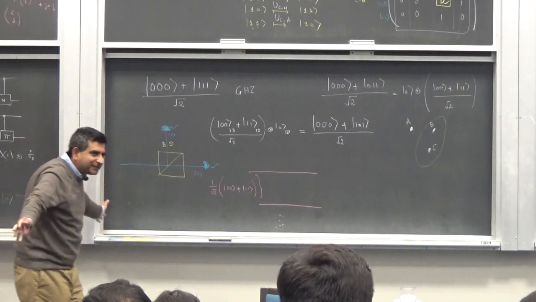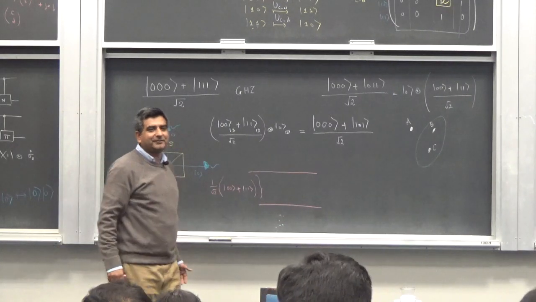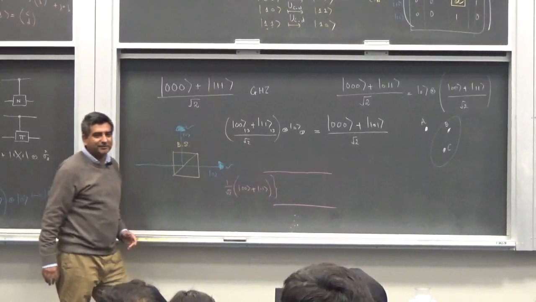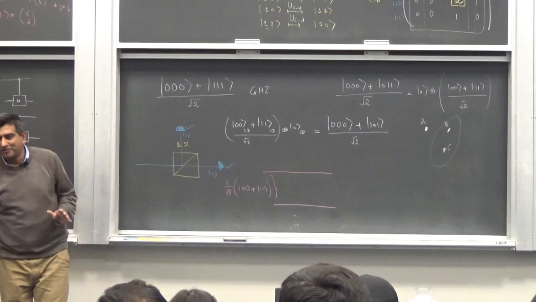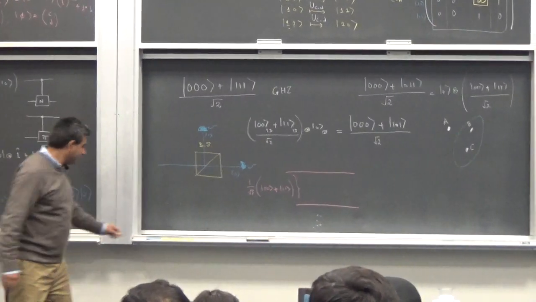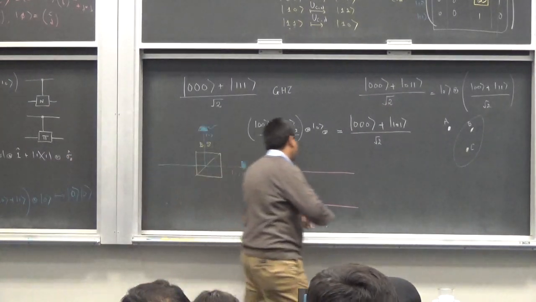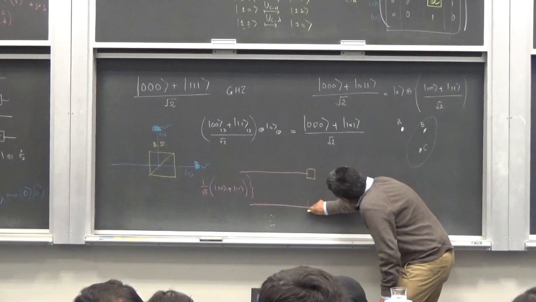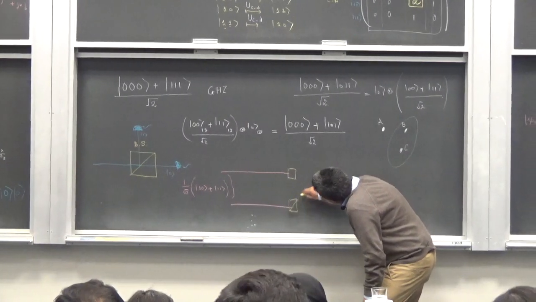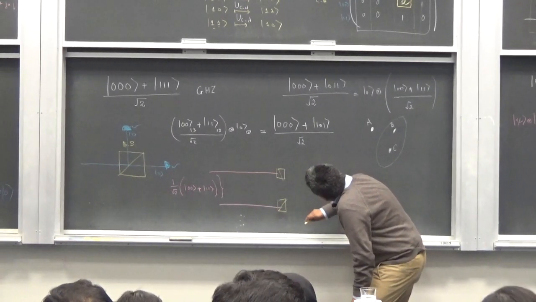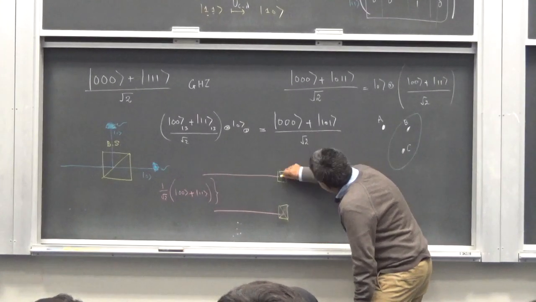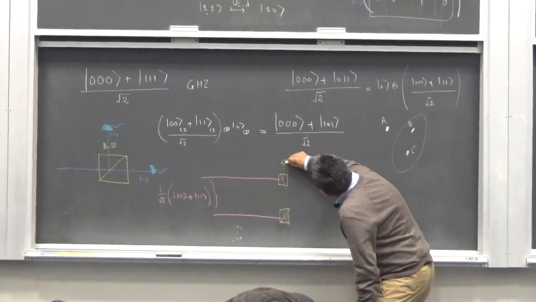A 2 qubit Bell state is coming in, and I have 2 channels for the 2 qubits, and still I don't know what property does each qubit have, and then I put this beam splitter on the 2 arms or the 2 channels, right? And I put these 2 detectors right here.